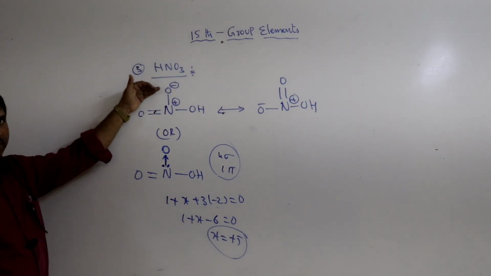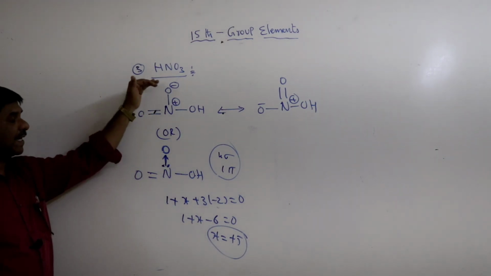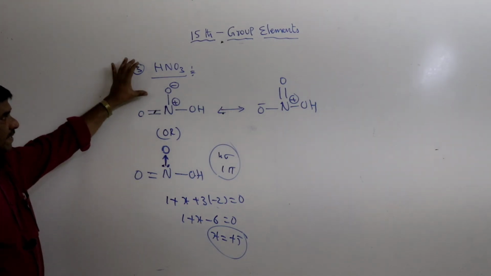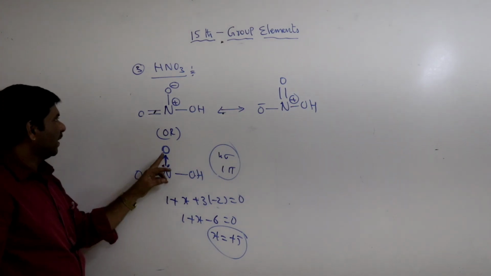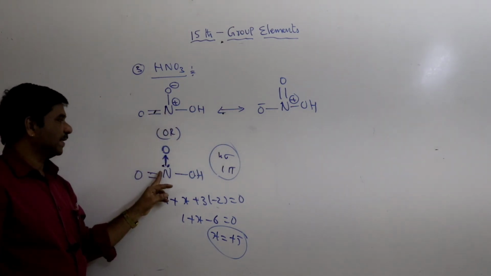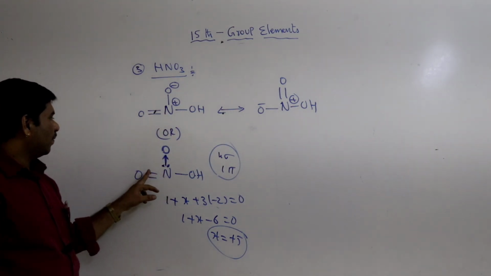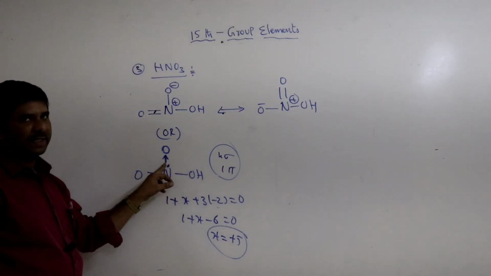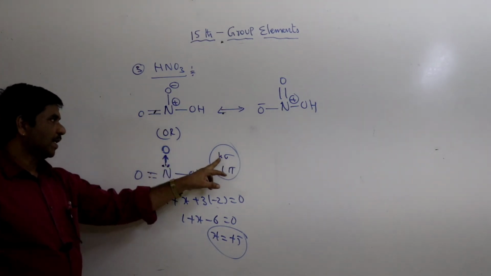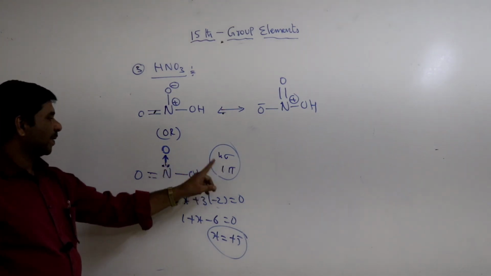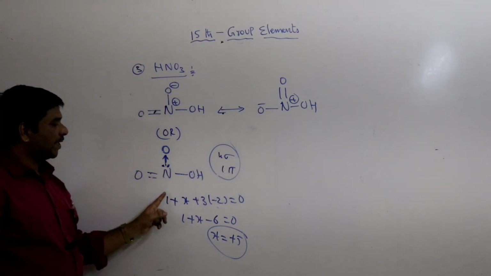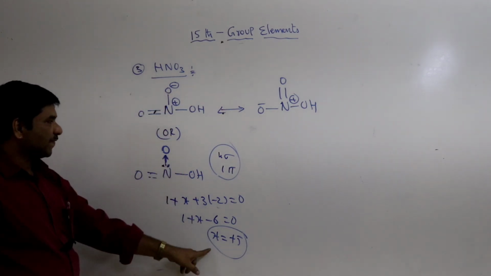So that is about nitric acid, its possible resonance structure. Or simply, with the dative bond, it is written like this. Based on this there are 1, 2, 3, 4 sigma bonds, with the dative bond also considered covalent. Double bond means 1 pi bond. In this, the nitrogen oxidation number is +5.